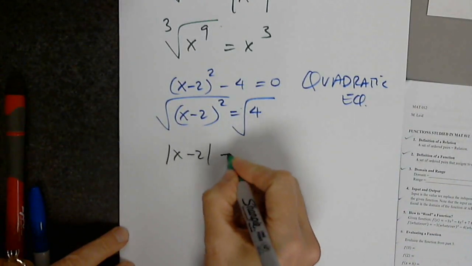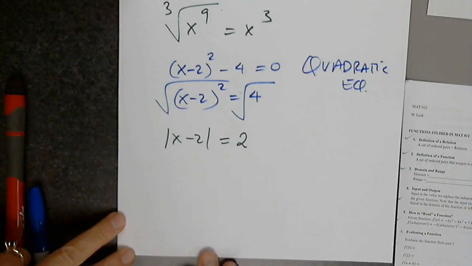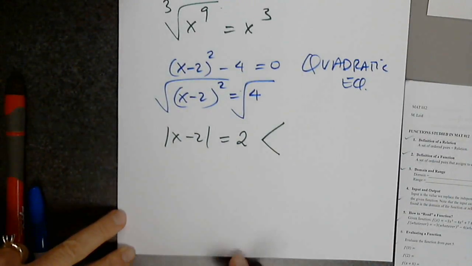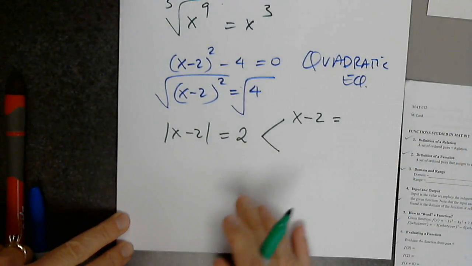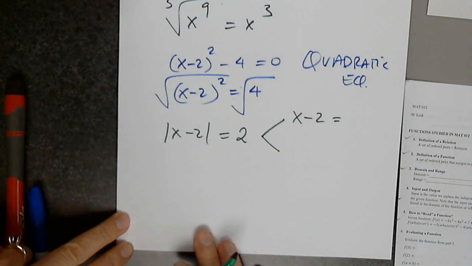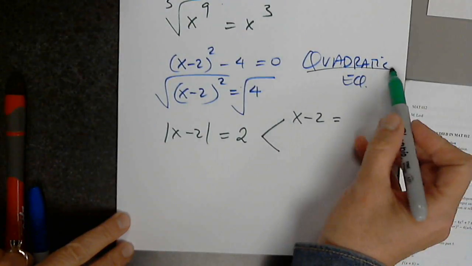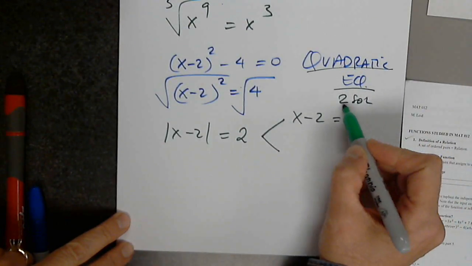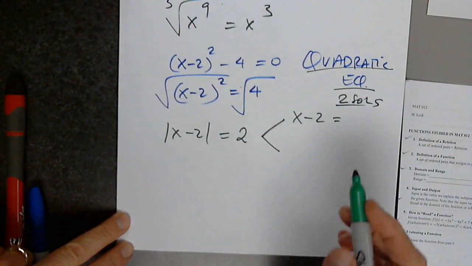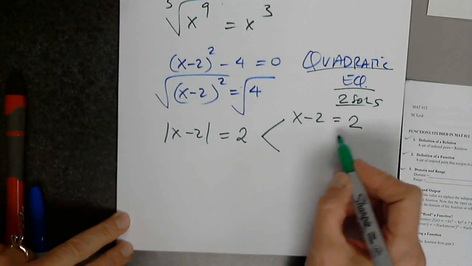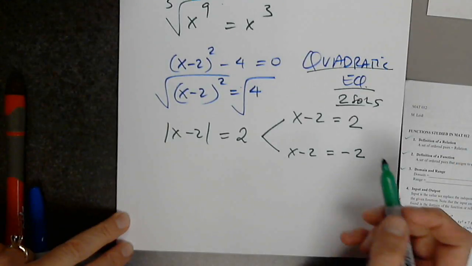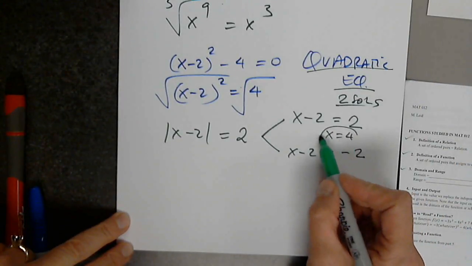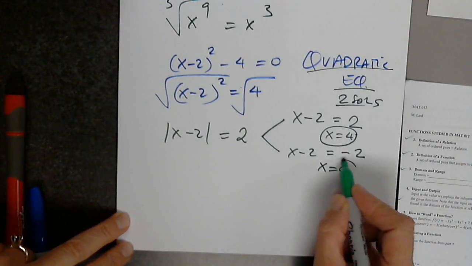Yes. X minus 2 in absolute value, and that's 2. And then we have two options. Because it's quadratic, we expect two solutions. X minus 2 could be 2, or x minus 2 could be negative 2. So from here I have x equals 4, and from here I have x equals 0.